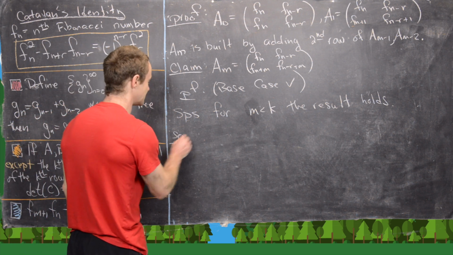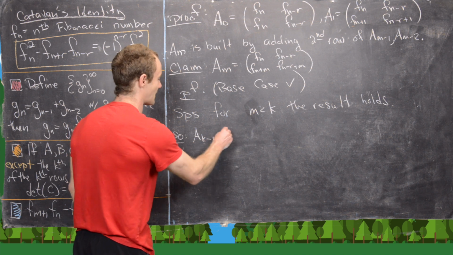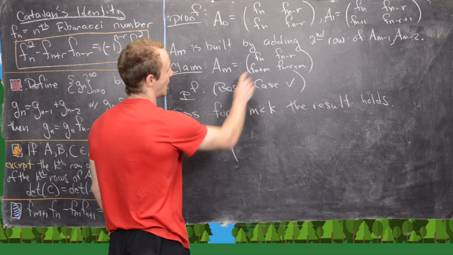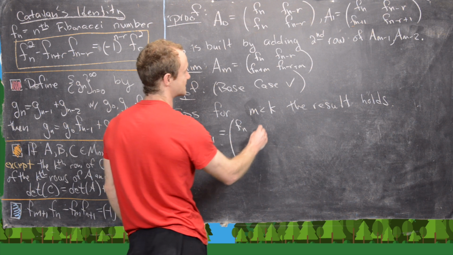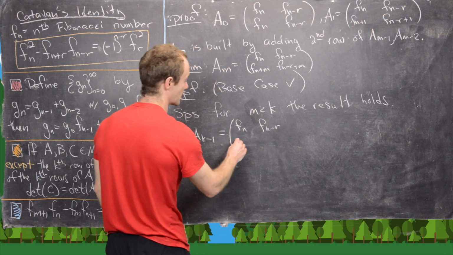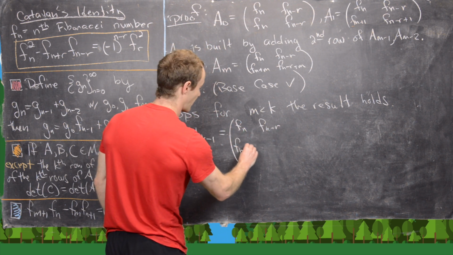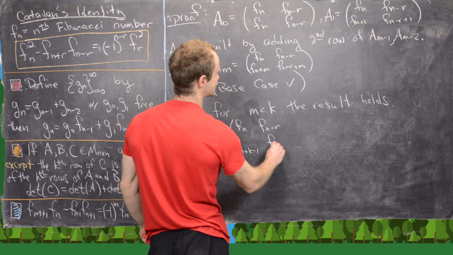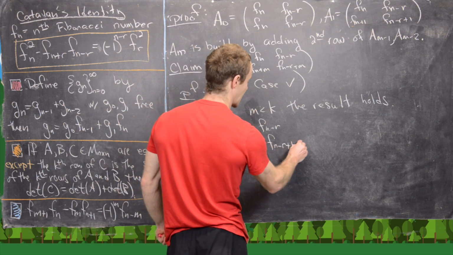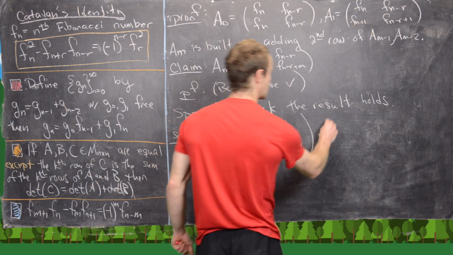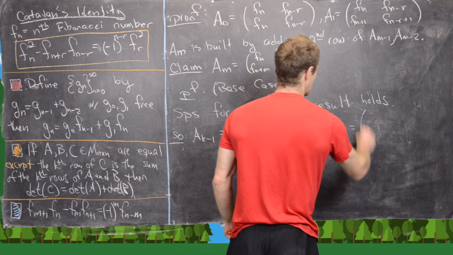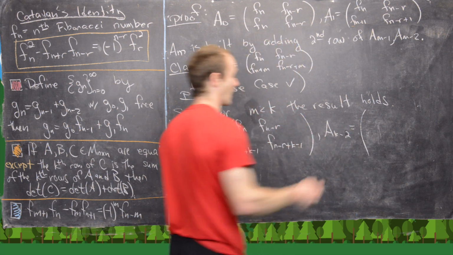So what that means is that we know that A_{k-1} has this form. So in other words, it's F_n, F_{n-r}, F_{n+k-1}, and F_{n-r+k-1}. And this holds for A_{k-2} as well.